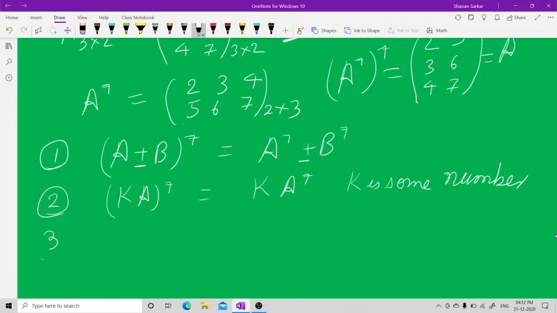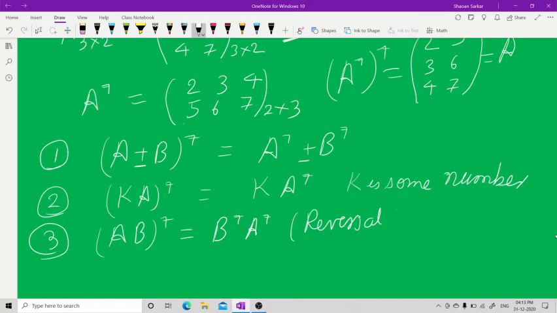Now the third one is very, very important. AB whole transpose will be B transpose A transpose. This is also known as the reversal law of transpose.